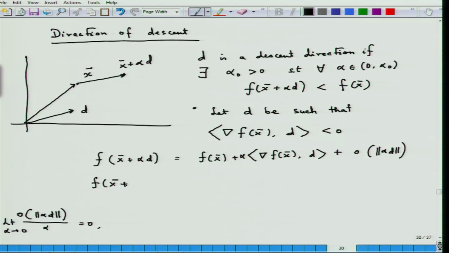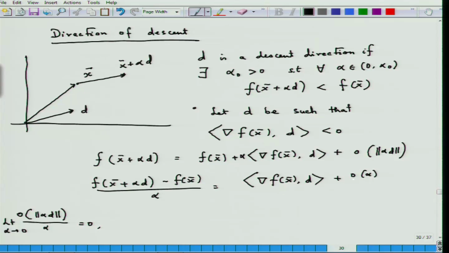So, I would have this and divide this by alpha and write. Now, here comes the interesting part of the reasoning. Now, this grad f x bar into d is strictly negative.